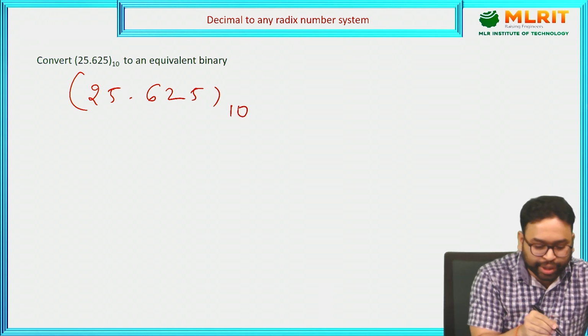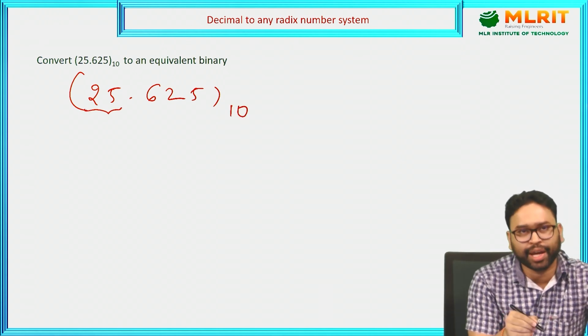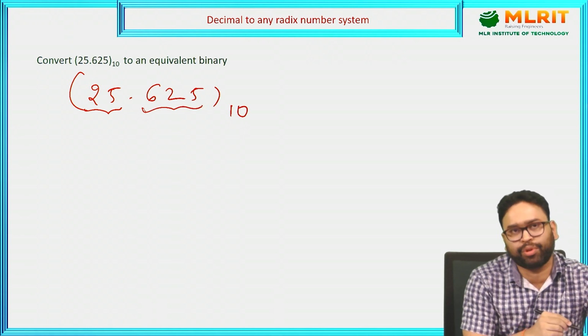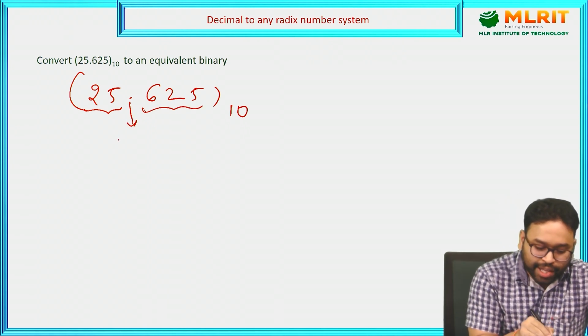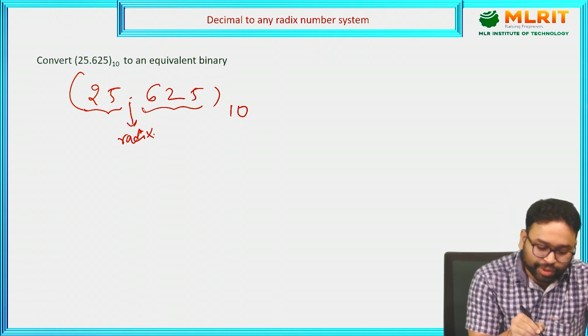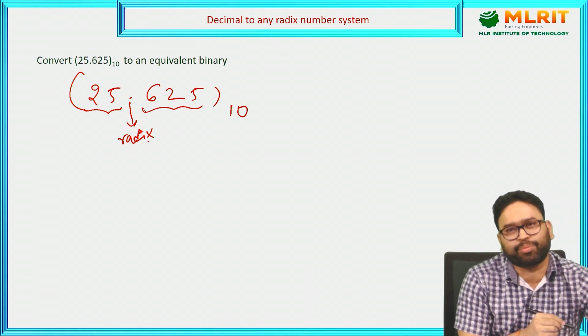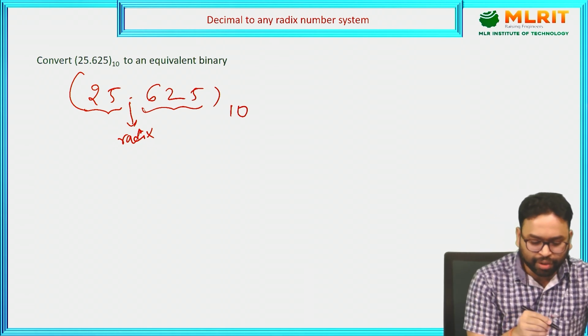Now look at the number. This number contains an integer part as well as a fractional part, and this dot is called the radix point. Now look at this one.